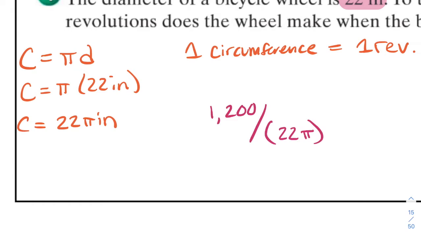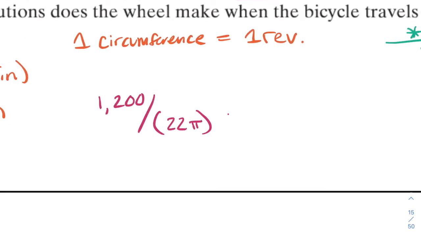If you do anything else, like 1,200 divided by 22 pi, what it's going to do is, instead of giving you the answer 17.36 approximately, it's going to multiply after it divides by 22, which is not what you want it to do, and give you the answer of 171.36 or so. So again, when you divide this, you're going to say that this is equal to approximately 17.36.